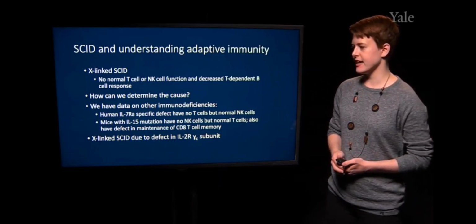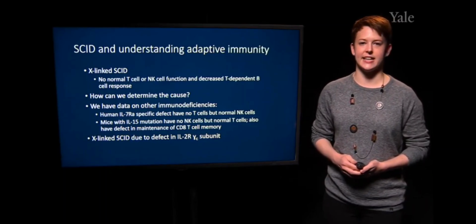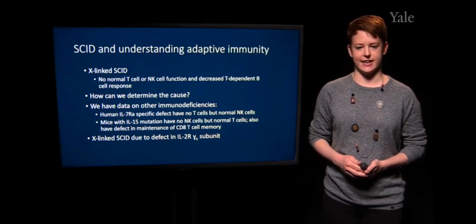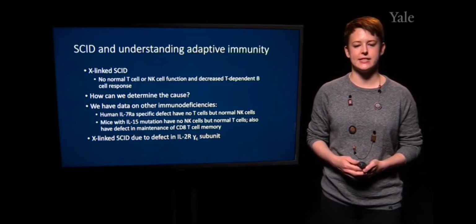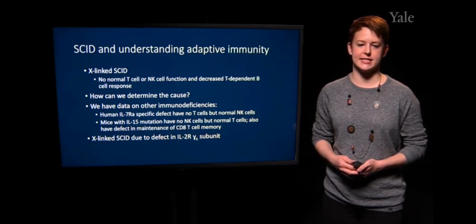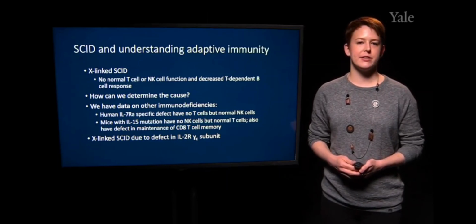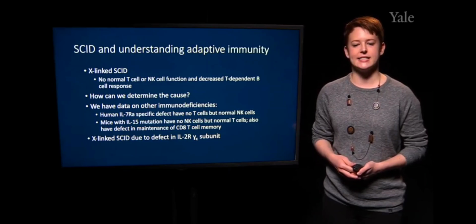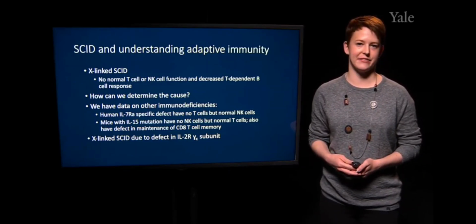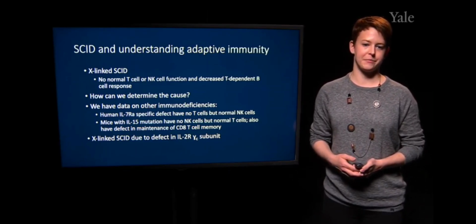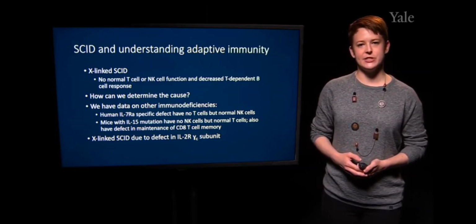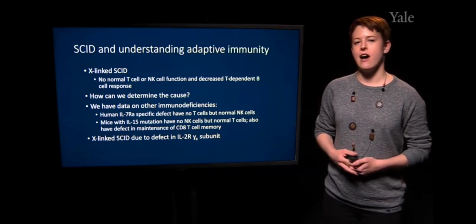And this makes sense because the IL-2 receptor gamma C subunit is a subunit of the receptors for IL-2, IL-4, IL-7, IL-9, IL-15, and IL-21. So this is just a first example showing how we can use data on genetic defects to better understand the immune system and the genetic cause of a disease.